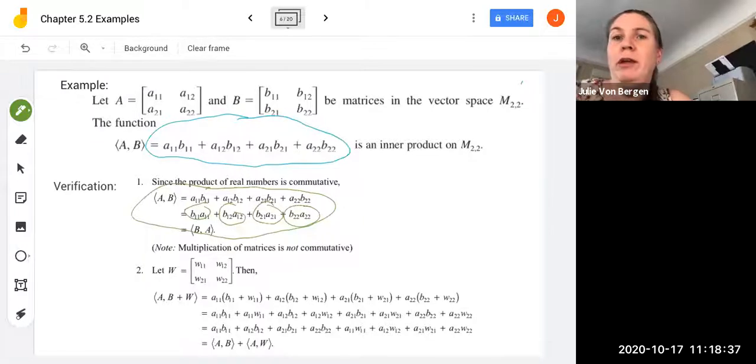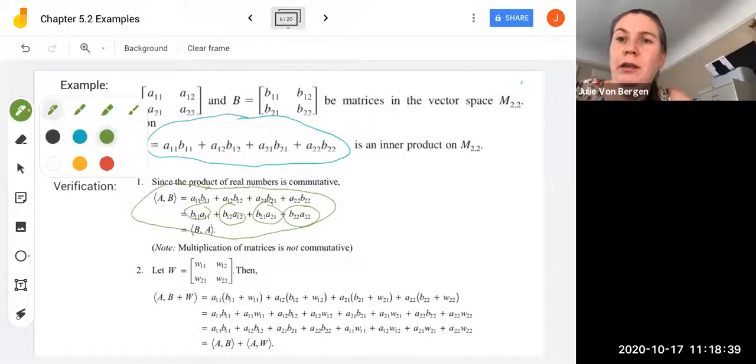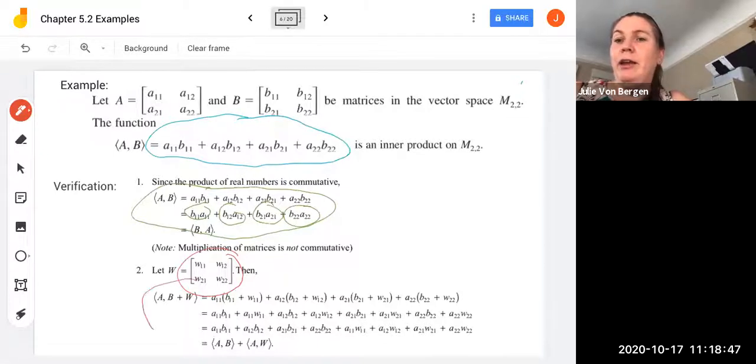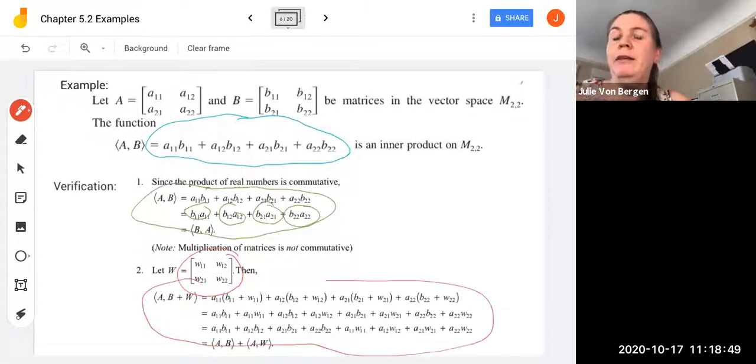Okay, property 2, we're going to let W be a third matrix here. So W is going to be W11, W12, W21, and W22, another 2x2 matrix. And then we see here if we take A inner producted with the sum of B plus W, we can use distribution of real numbers to distribute all the A's through what we've got down here in the second row.